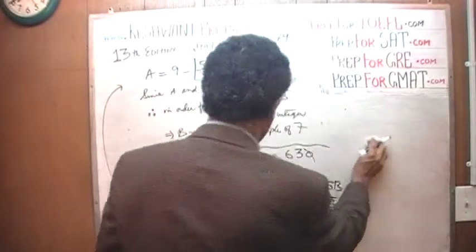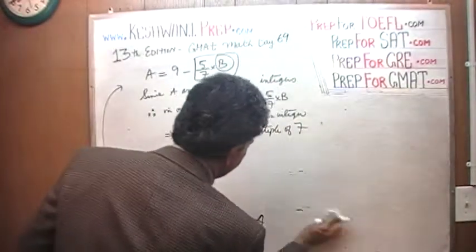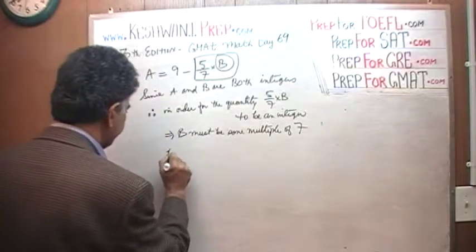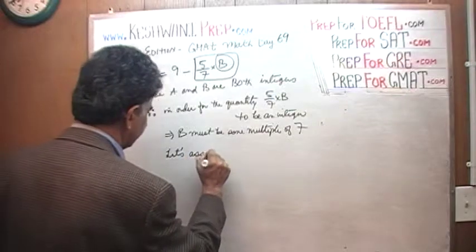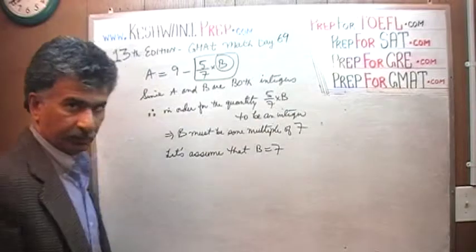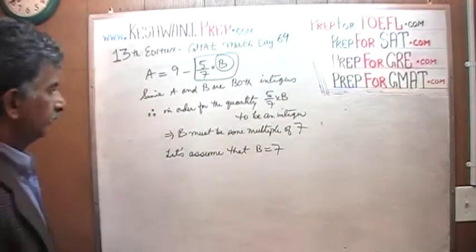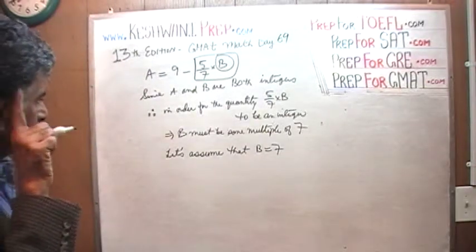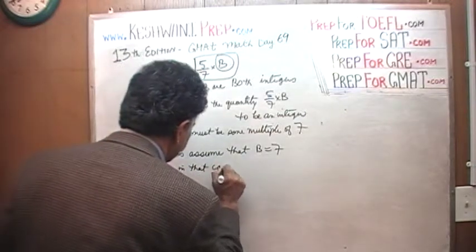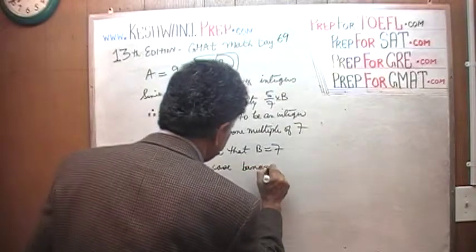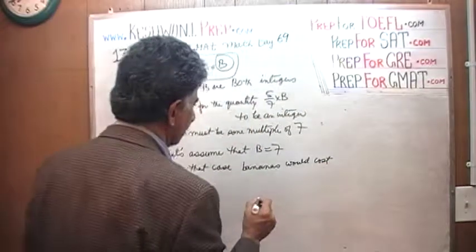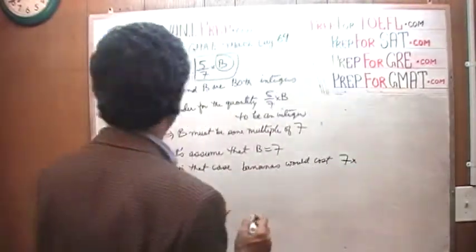Let's continue. Let's assume that B is equal to 7. We're just assuming it. It's just an assumption. In that case, bananas would cost 7 times, what was the price of bananas?